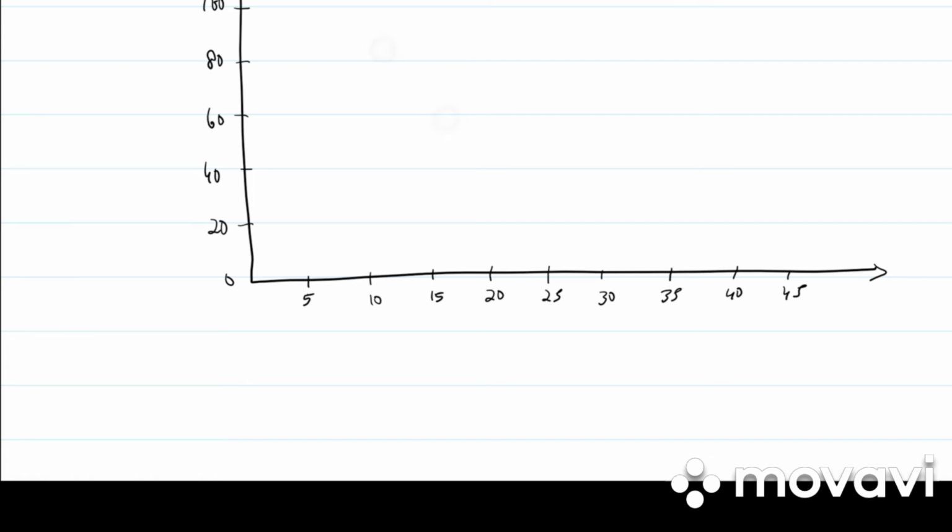So for 0 it is 100. For 5 it is 96. For 10, 90. For 15, 80. For 20, 70. Then we have 45, 23, 5 and 0.